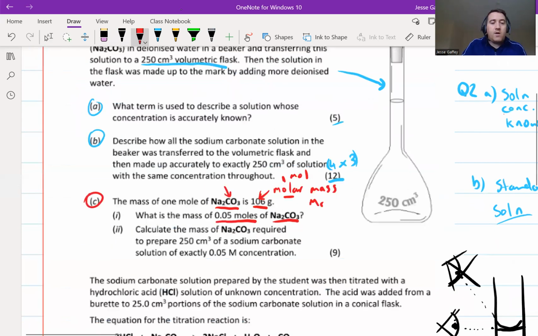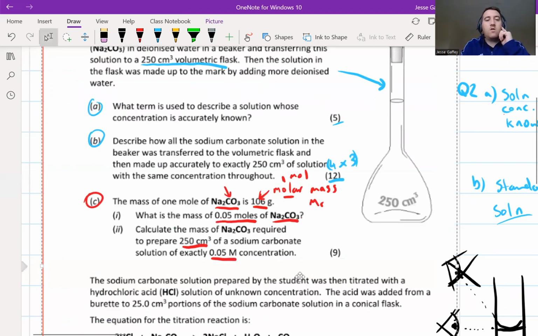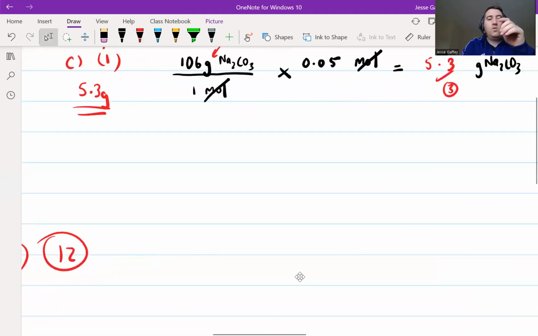Okay, let's see what it said then. Calculate the mass of Na2CO3 required to prepare 250 centimeters cubed of a sodium carbonate solution of exactly 0.05 molar. Okay, so C part 2.